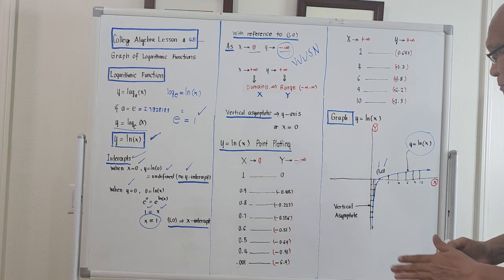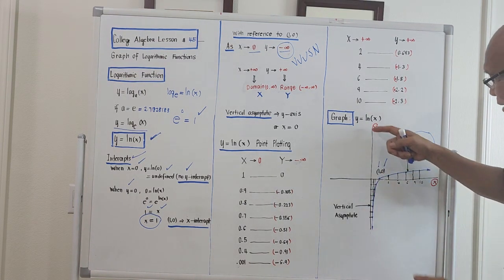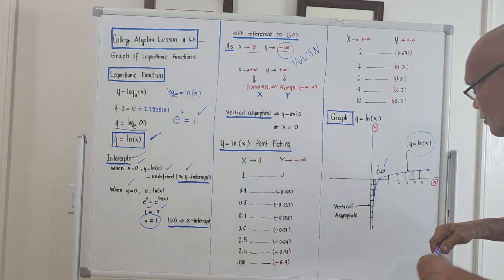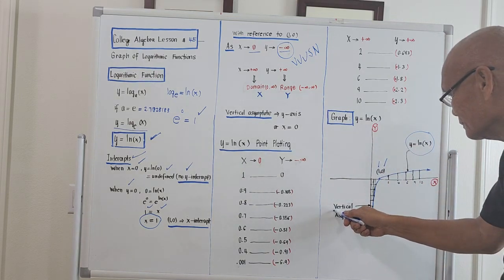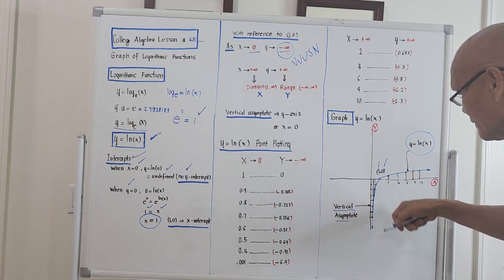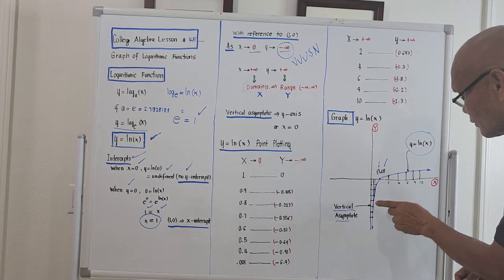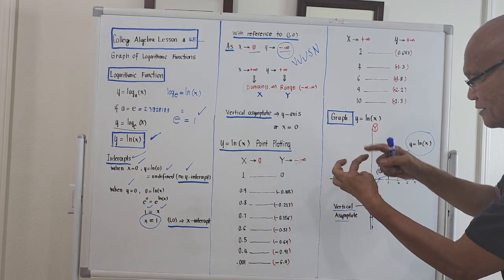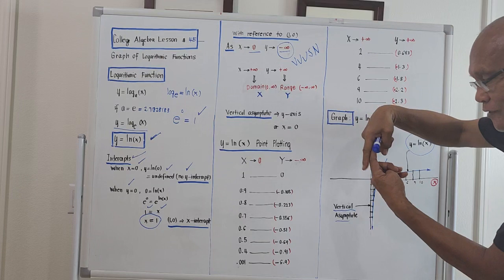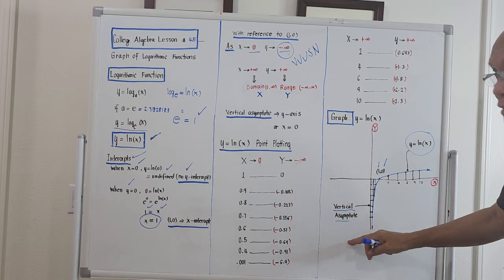But y does not go to 0. That's why the y-axis is considered the so-called vertical asymptote. This will be the curve, and the y-axis is tangent to this curve, but they don't touch each other.